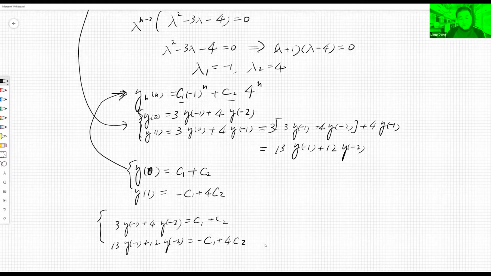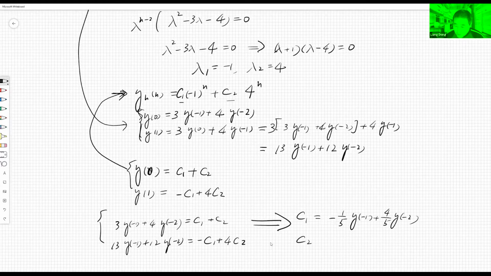Okay, now because I said y[-1], y[-2], those are knowns. Those are the known values. That's just the initial condition. I need to have that when I start a system, when n equal to 0. So these are the knowns, and I can use these two equations to find those unknowns, C1 and C2. So we end up with C1 equals, calculate it, find out this equal to that, y[-2].